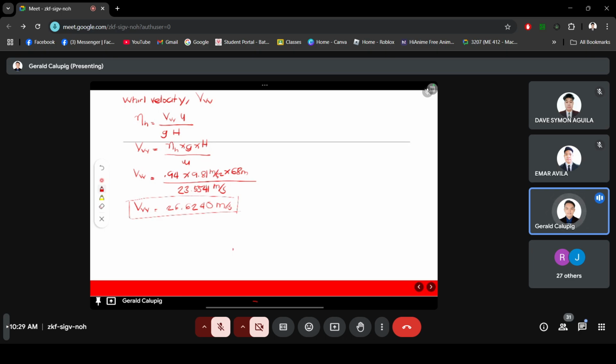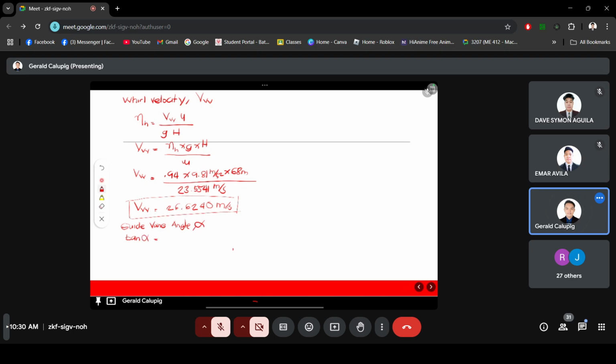Next, since we already have the whirl velocity, the diameter, and the VF, or the flow velocity, we can also get our guide vane angle. Our guide vane angle, or the angle alpha, is equal to what?